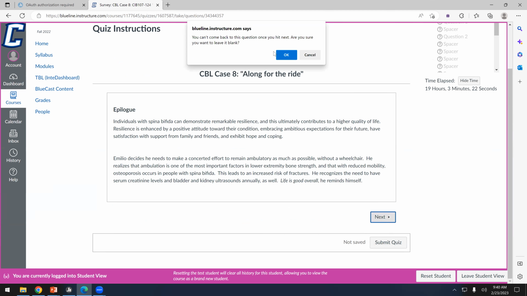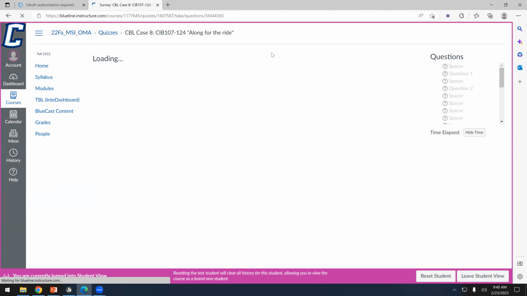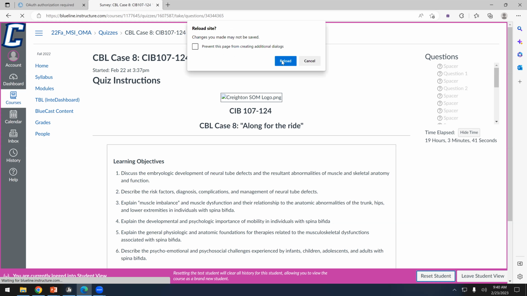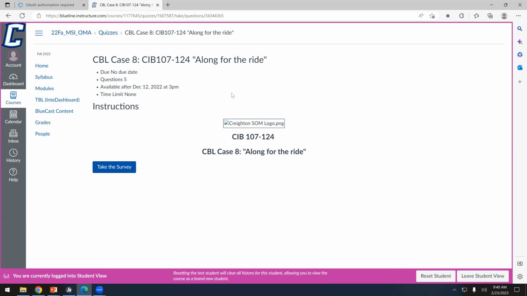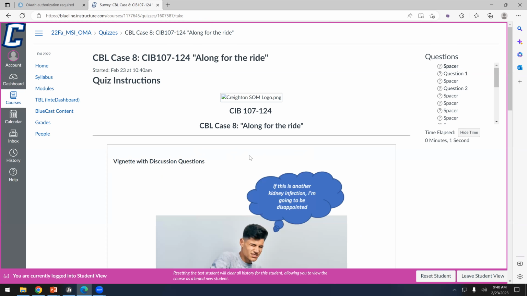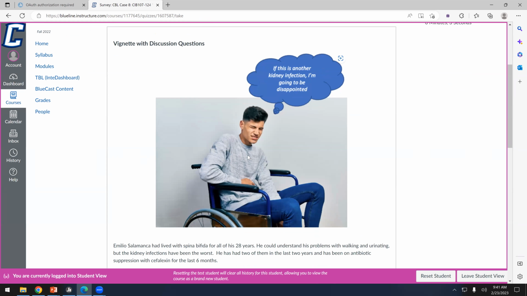I'm just going to start at the beginning so you can see how the case works. Okay, so it begins with a vignette and discussion questions.